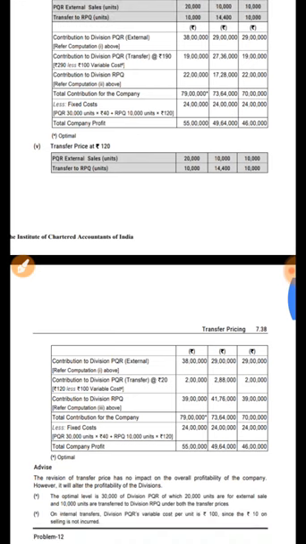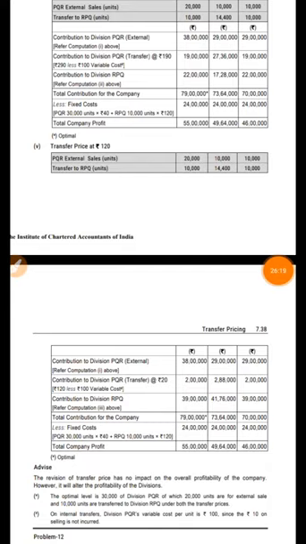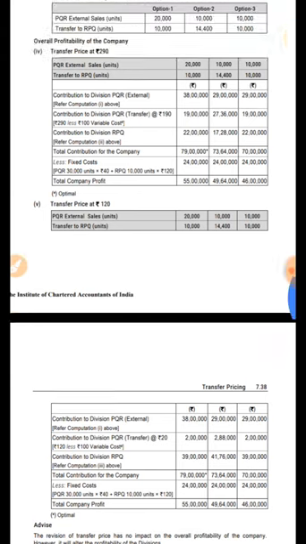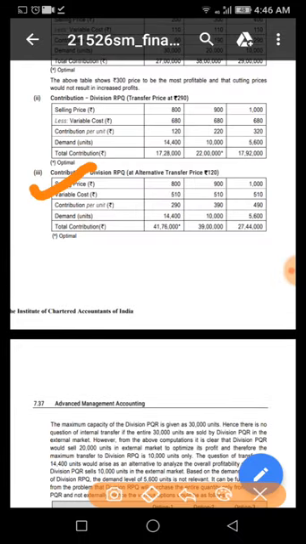Then contribution to division RPQ. Okay, if it is 10,000 units, you have to see this table because the transfer price is 120. We have taken the transfer price as 120 here. That's why we have to take this table.